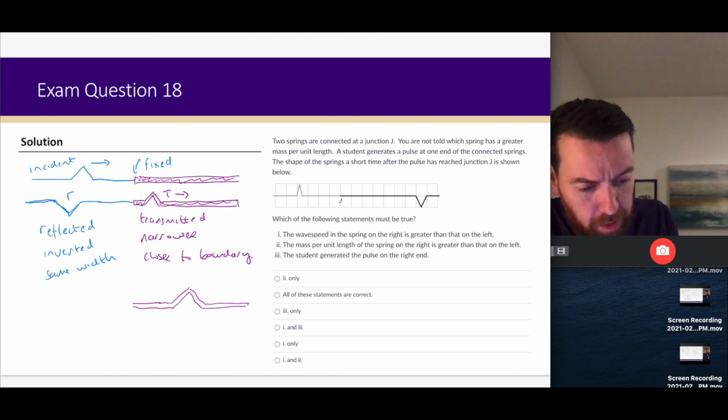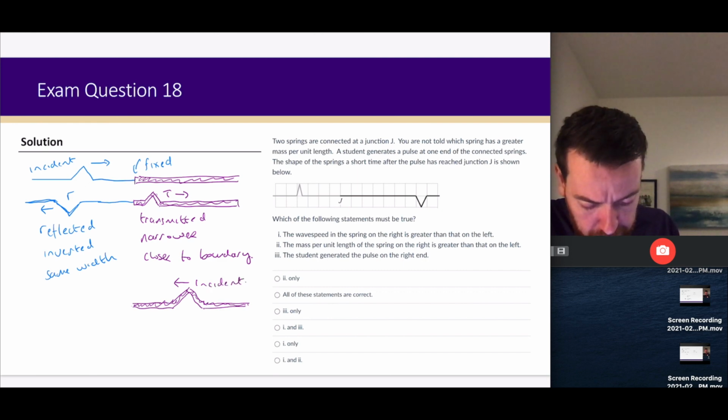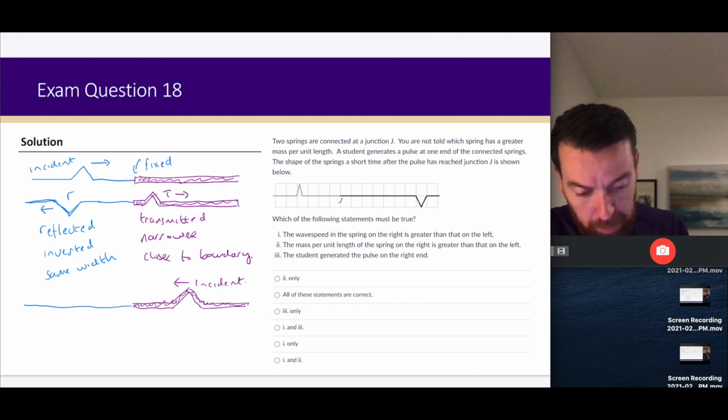The incident is heading in that direction, and the reflected is heading in this direction. Here I'm going to send in the incident on this one toward the left, towards a light string. So this time the boundary will behave as a free end.